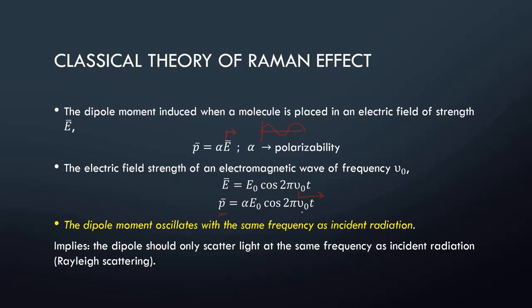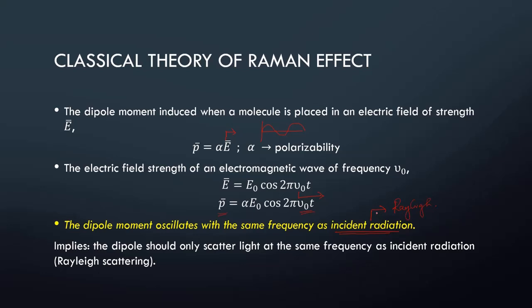Here we can see that this is the frequency with which this dipole oscillates, so it will emit radiation with the same frequency as nu 0. So when a dipole oscillates, it emits the same frequency as the incident radiation, and this explains our Rayleigh scattering.